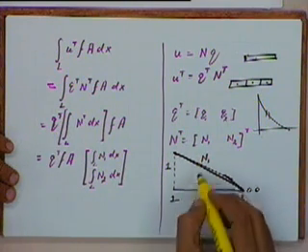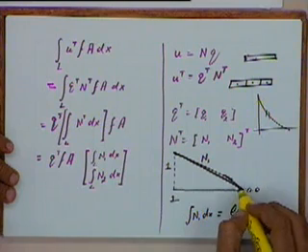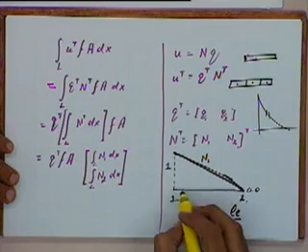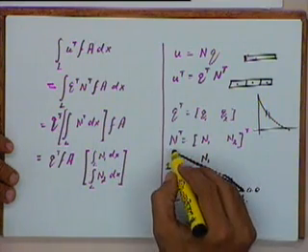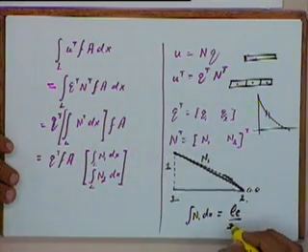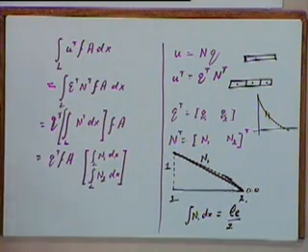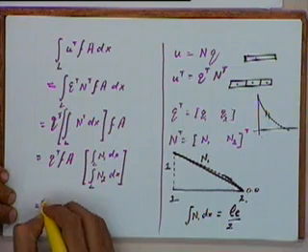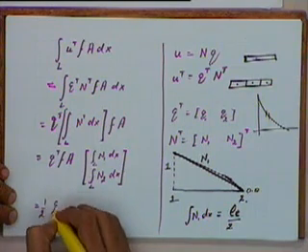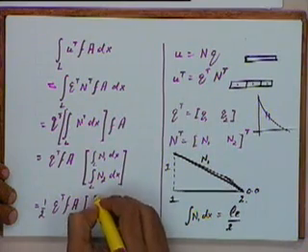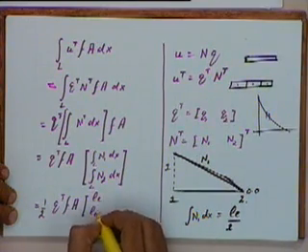So the integral of N1 over the length of the element is going to be the area of this triangle, and that is nothing but the length multiplied by 1 multiplied by half, which is LE by 2. So use that expression over here, and this will become equal to half of Q transpose F A LE.